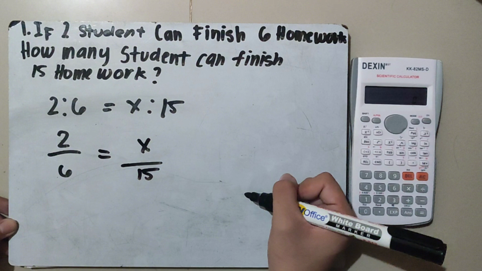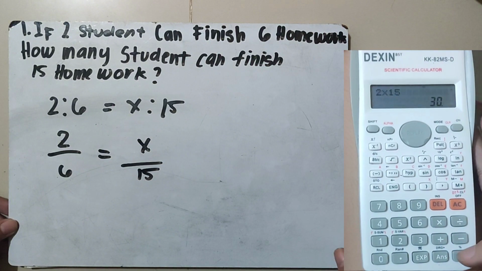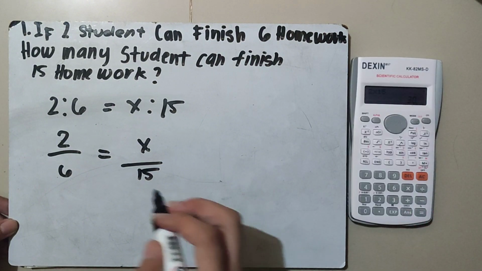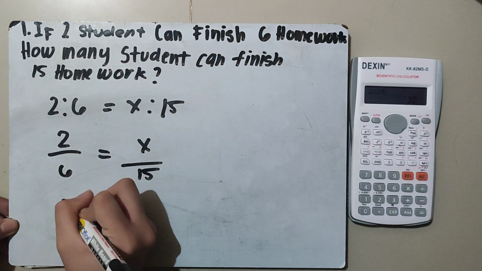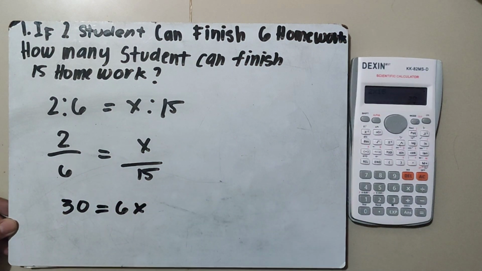Ang goal natin dito ay mawala yung denominator. So paano mawawala yon? Kailangan lang natin i-cross multiply. So, yung 2, i-multiply kay 15, tapos yung x naman, i-multiply kay 6. So, we have 30 is equal to 6x.